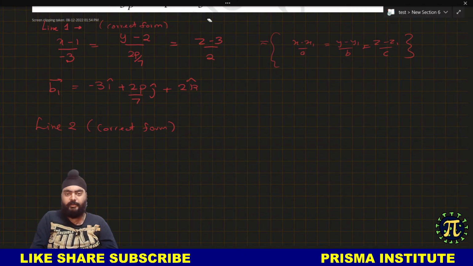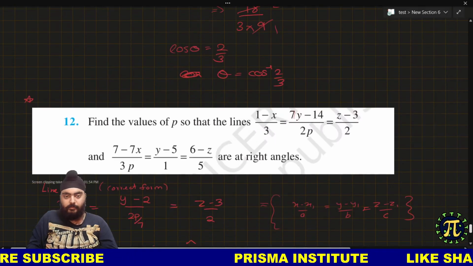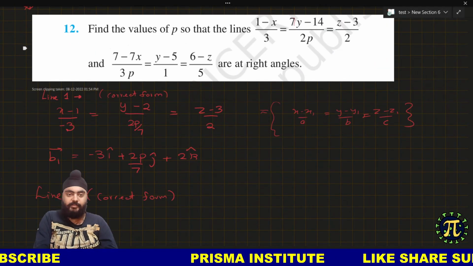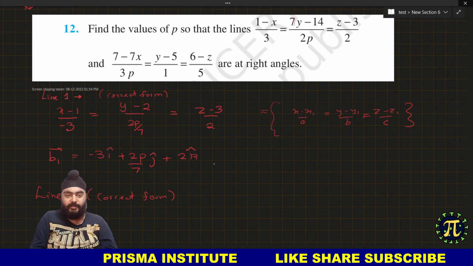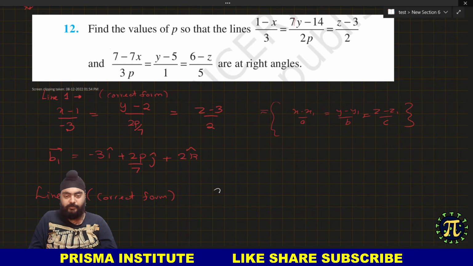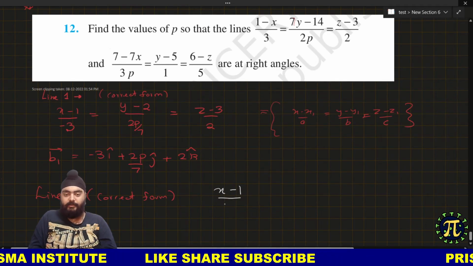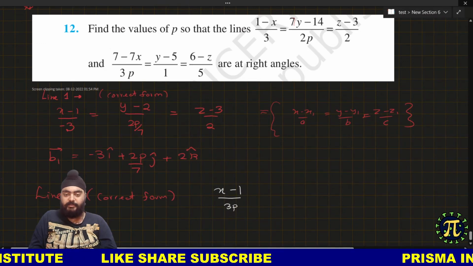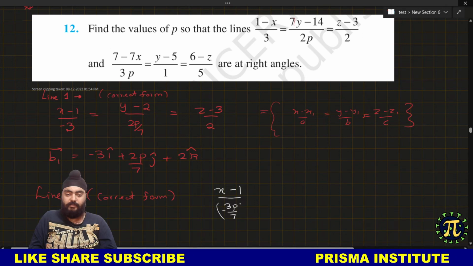Let me do it a little bit on the right so that you can also see it. So यहाँ पे मुझे क्या करना है, x का कोएफिशिएंट +1 बनाना है, राइट? So I will divide by -7 in the numerator and denominator. तो x का कोएफिशिएंट 1 बन जाएगा and 7 को -7 से डिवाइड किया, it will become -1 and 3p by -7, राइट? ठीक है, तो नीचे आ गया नेगेटिव -3p/7, ओके.